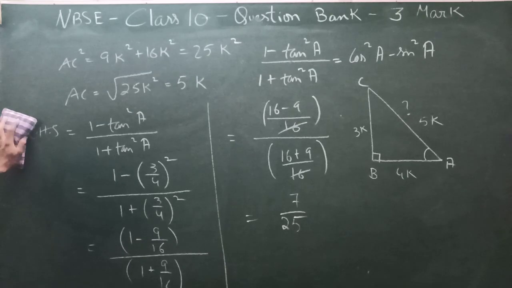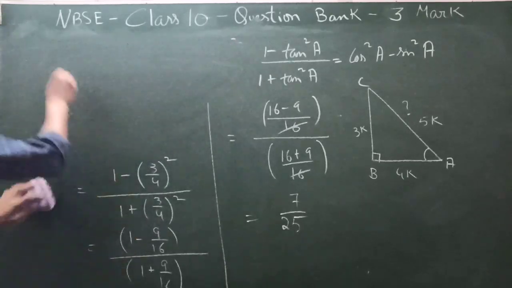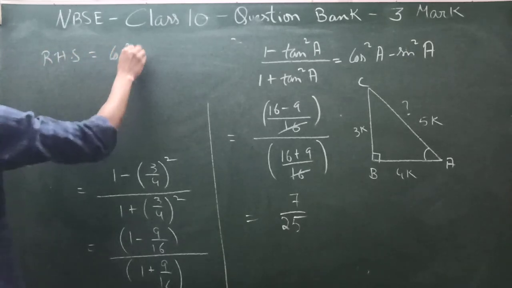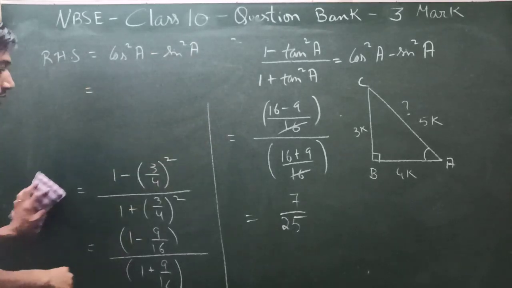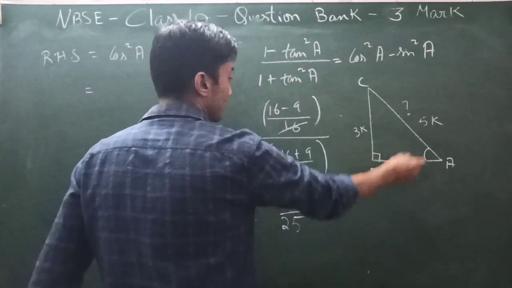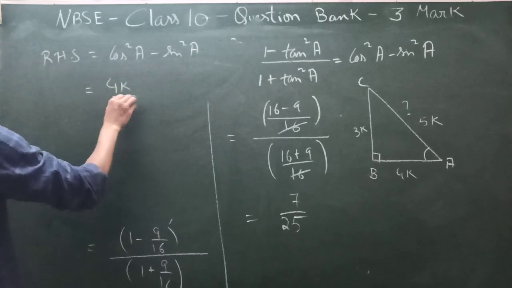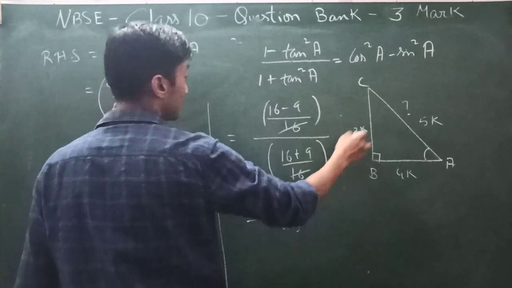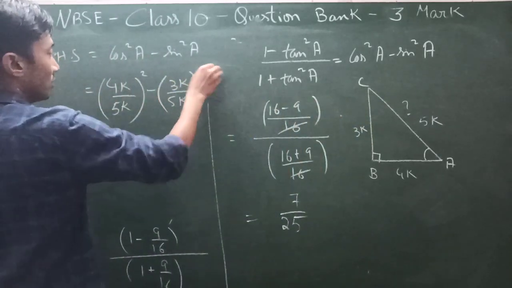Alright, so now we will go for the right hand side. The right hand side of the statement, that is cos square A minus sine square A. Now from this triangle it's already solved. So cos is what? As we say, base by hypotenuse, or adjacent side by the hypotenuse. So that's going to be 4k by 5k whole square, minus sine, which is altitude, opposite side by the hypotenuse. So that's 3k by 5k the whole square.